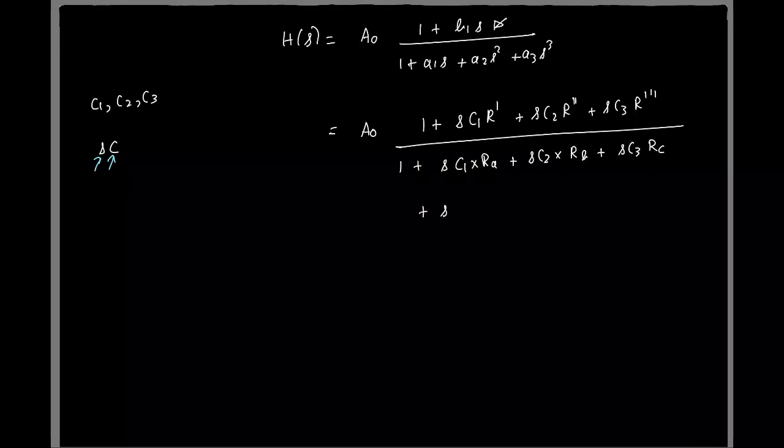What will generate the s squared terms? It will be the product of capacitors, so I'll have C1, C2 times something. What about the s cubed? It will be the product of the 3 capacitors, that's all. This is how the transfer function will finally look.